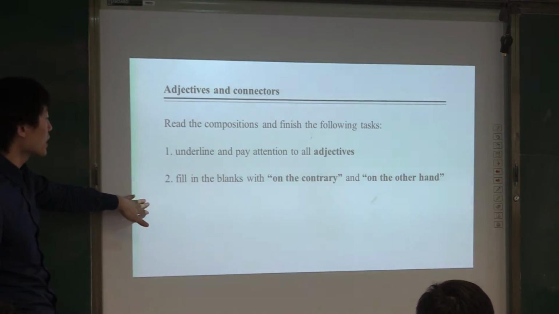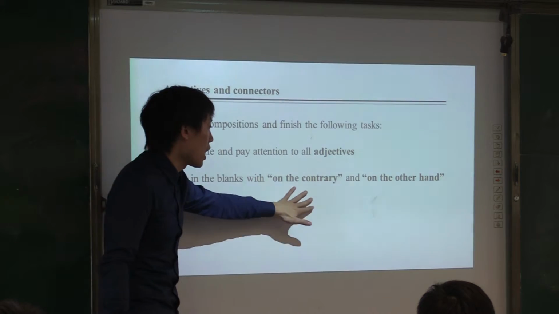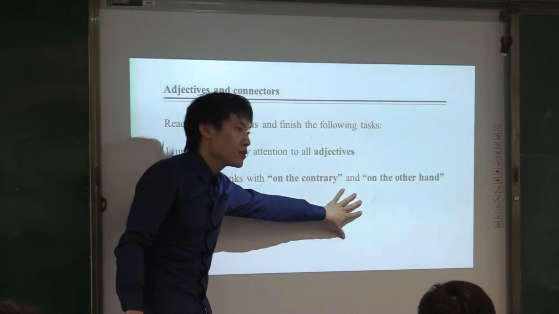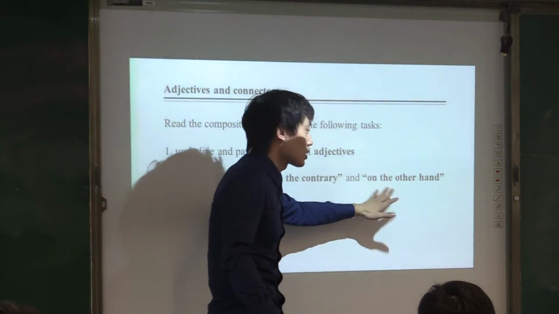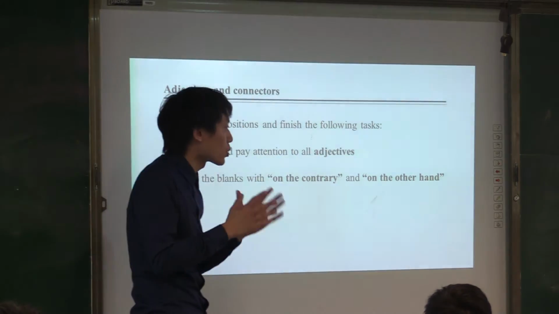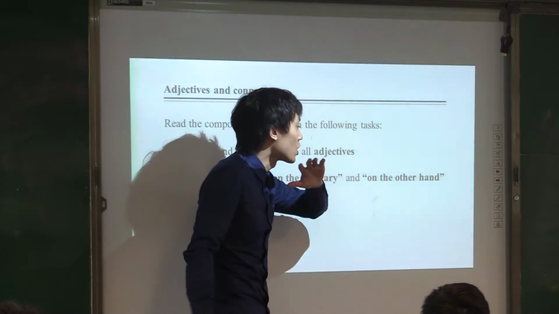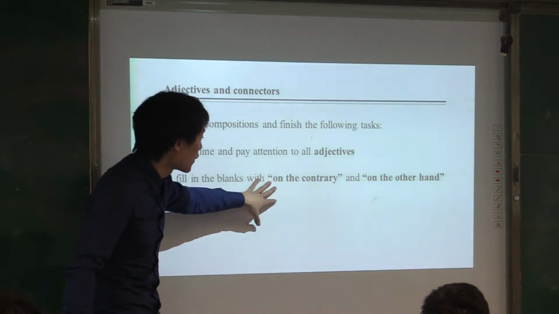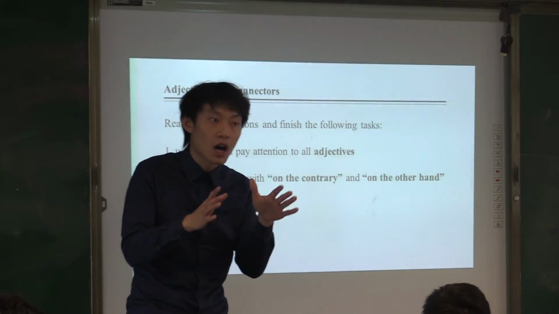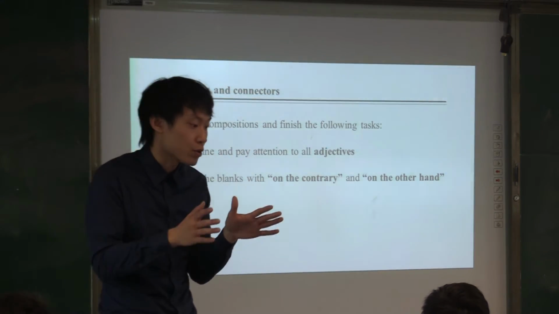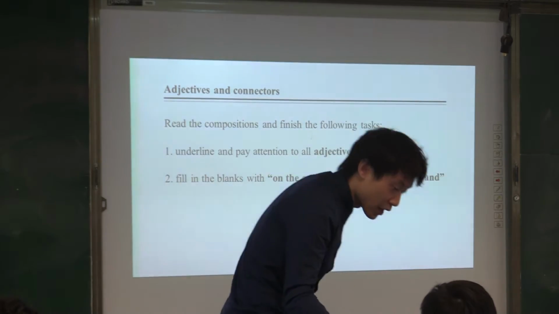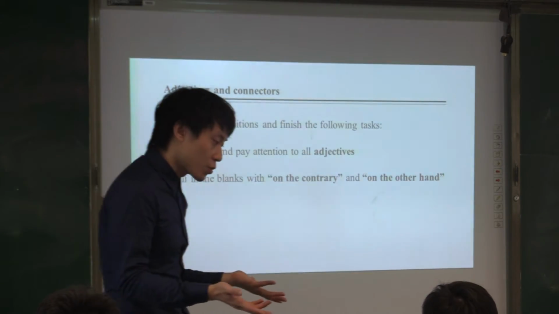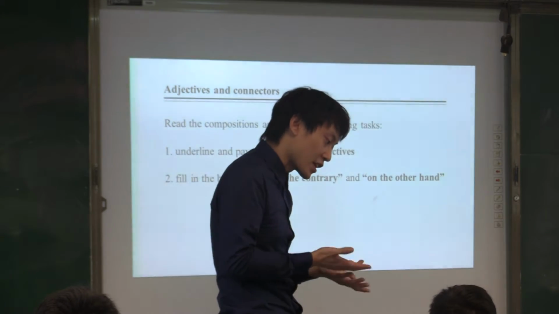And the next one is fill in the blanks with on the contrary and on the other hand. If you don't know them that clearly, it's okay. Just write it down. So first, you need to work on your own. Michael, can you tell me, do you have to pay attention to any words?